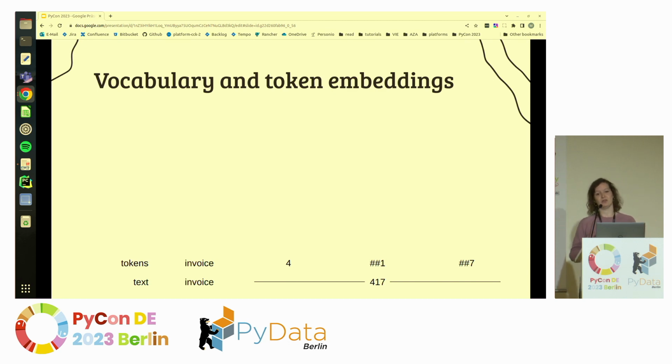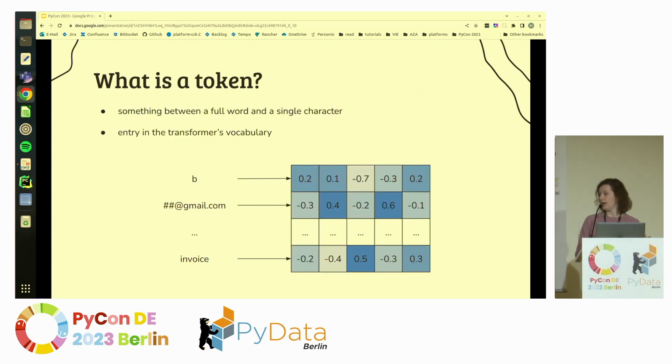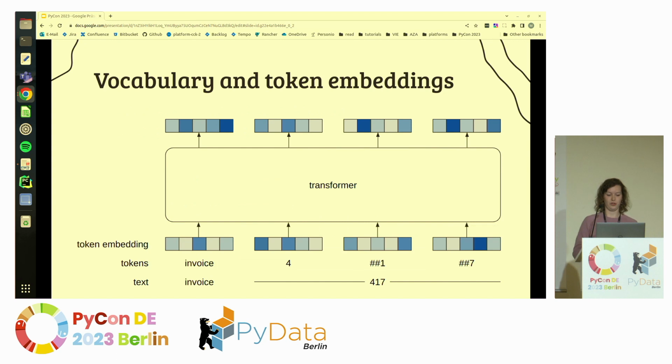That's why it gets split into multiple tokens, in this case most likely down to the character level, like split into single characters. Now that every token is part of the vocabulary, we can go back to this embedding matrix and pick the vector for each token. And this is what then gets fed into the transformer model. At the end, you will get out a feature representation for every token. So in this particular example, we started with 2 words of text, invoice 417, and we got 4 tokens out of it.